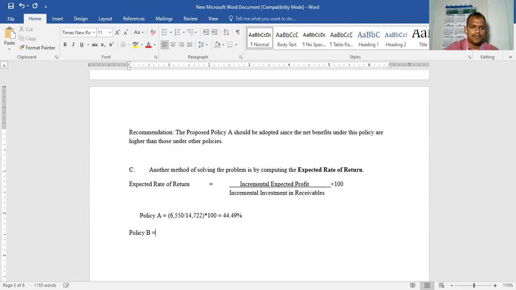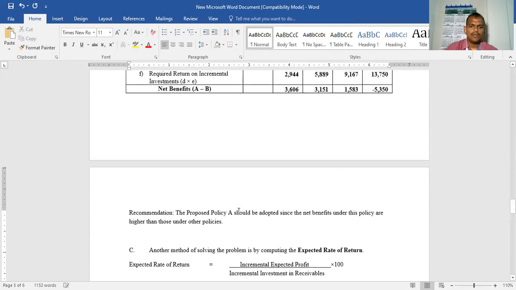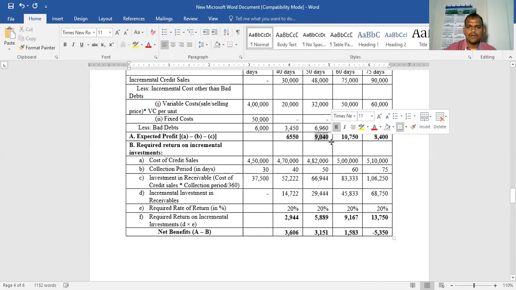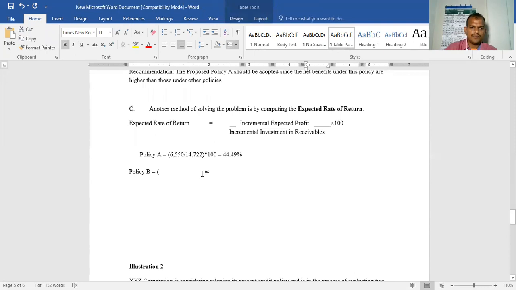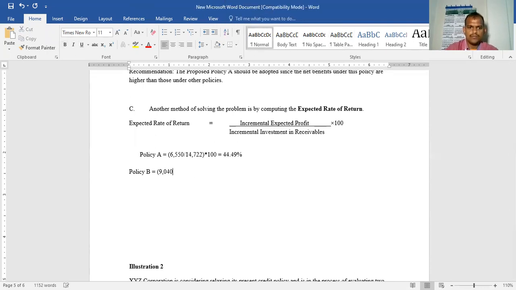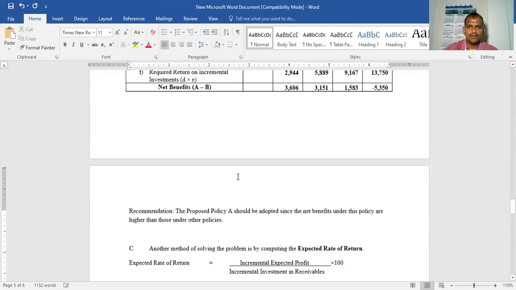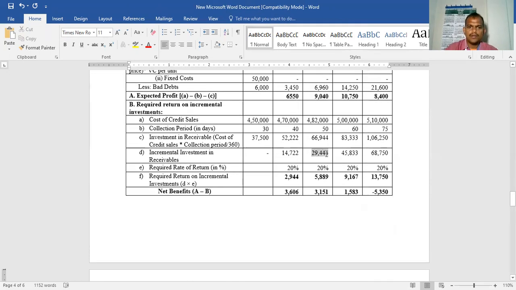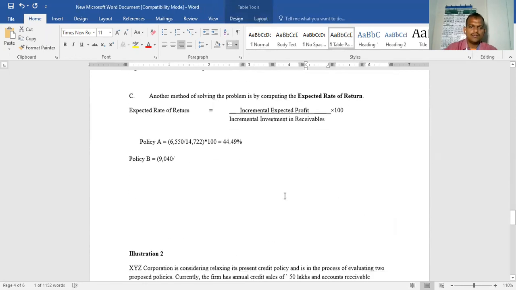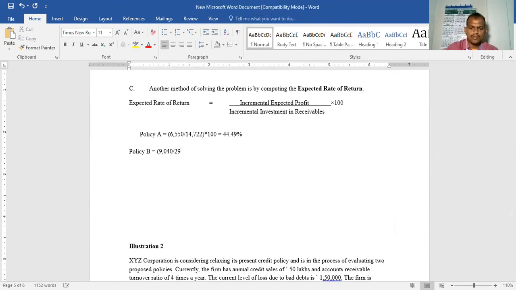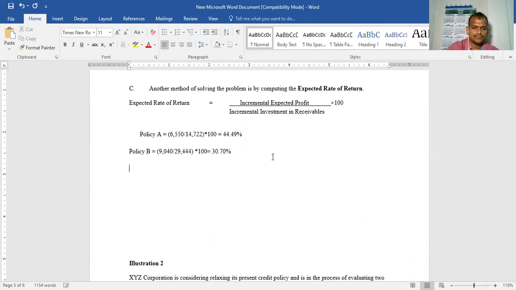Policy B, incremental expected profit 9,040 by incremental investment 29,444 into 100, 30.70%.